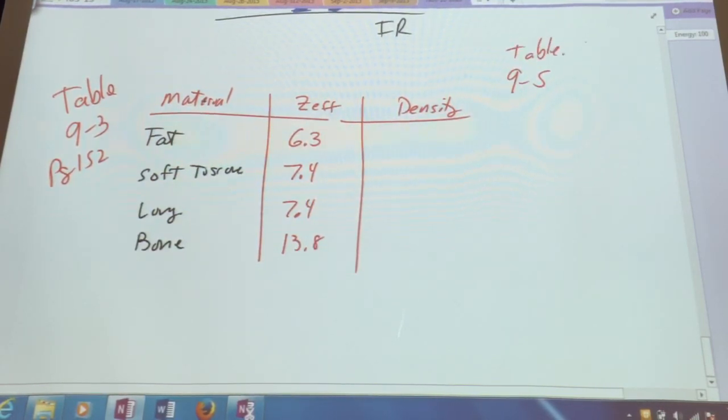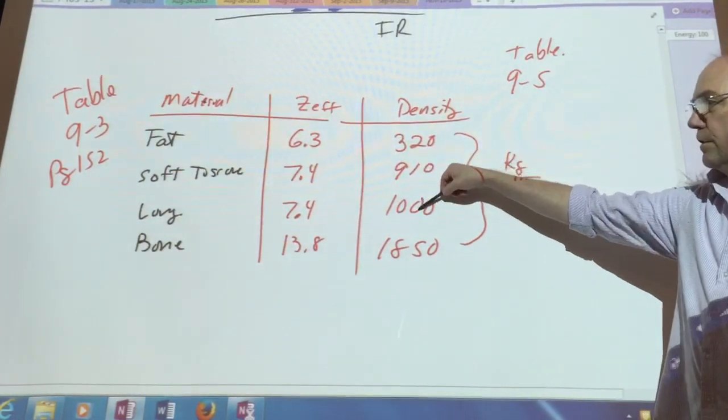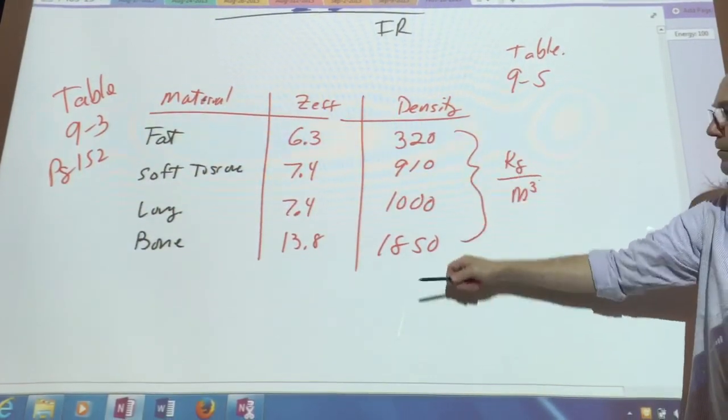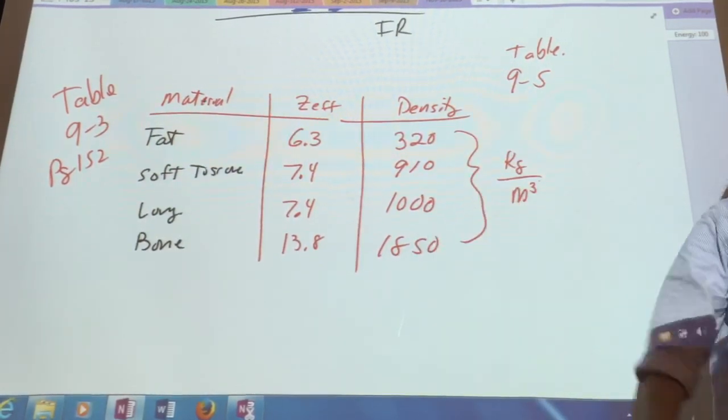They put them together here at one spot. 320, 110, 1,000, 1850. And these are all in SI units of density, kilogram per meter cubed. And so now you can see differences between, say, soft tissue and lungs. Well, maybe not a huge difference. Definitely between fat and bone, there's a big difference.